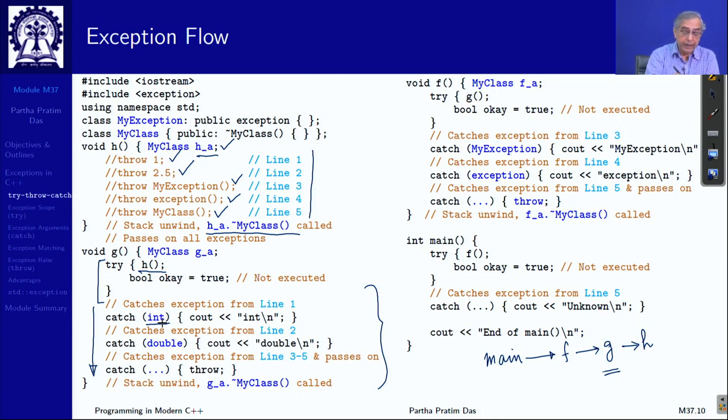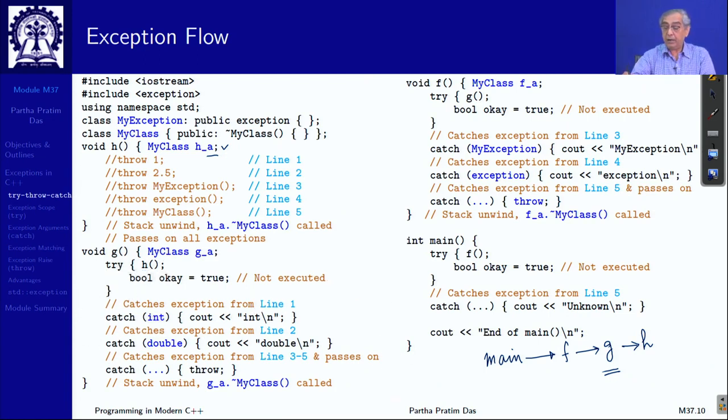Let me reduce this clutter a little bit. Now, if I have thrown line 1, the first catch clause is int, so it will match here, and this handling will be done, that is, int will be printed.